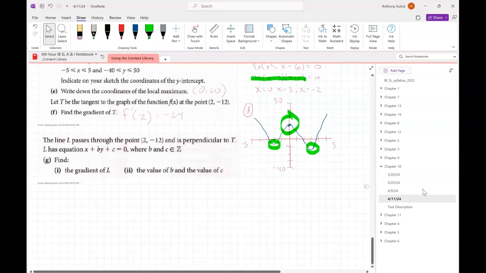Okay. The last part here, the line L passes through the point 2, negative 12 and is perpendicular to T. L has the equation x plus by plus c, where b and c are integers.